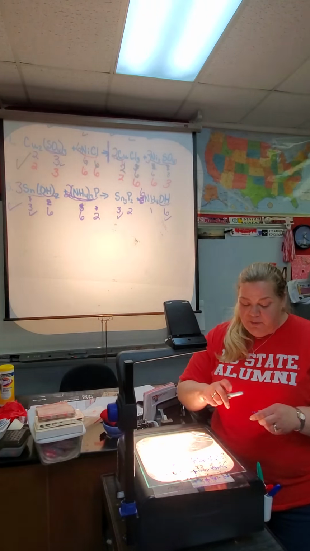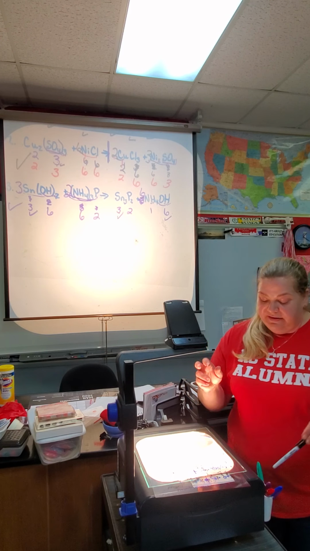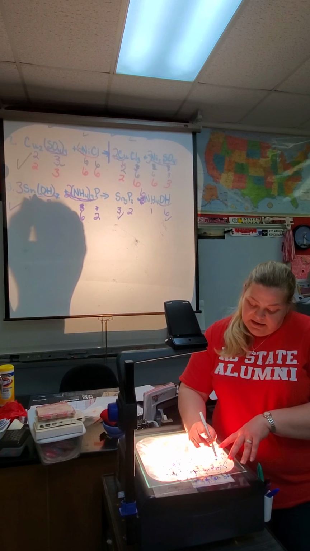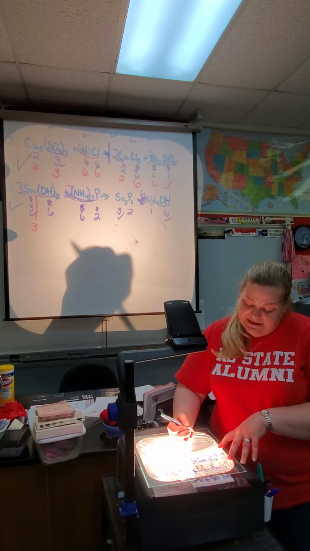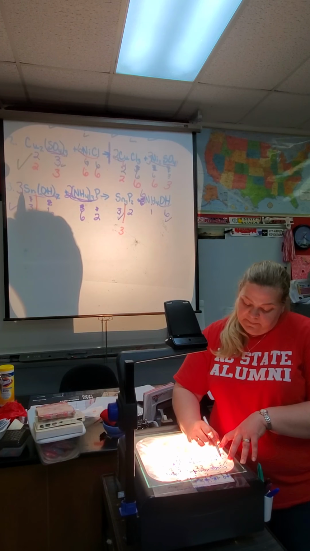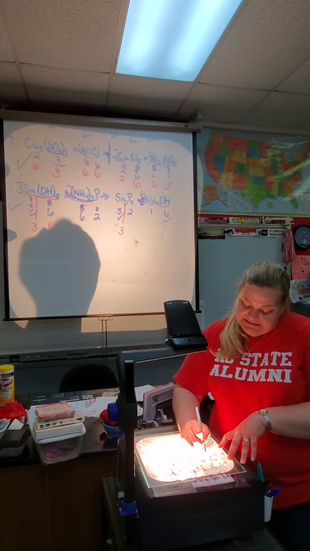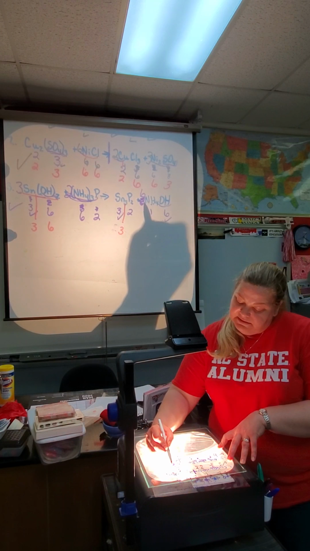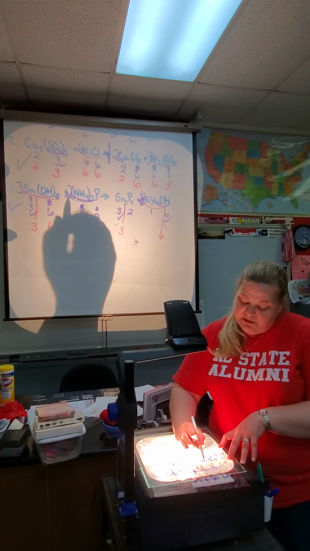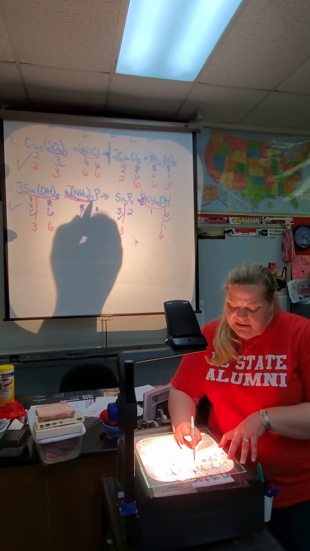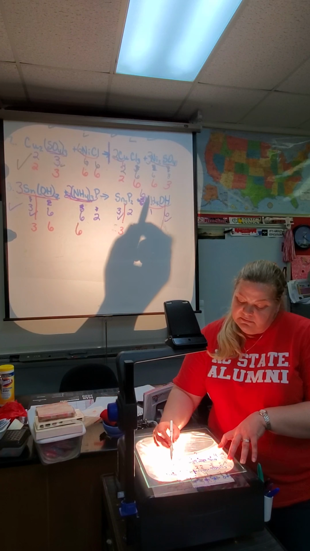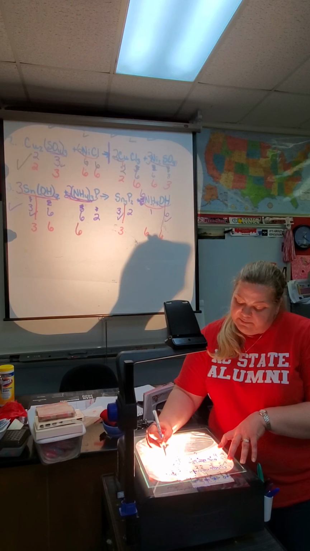But always go back and double check everything. I'll use a different color for counting again. I have 3 tins, 3 tins. 3 times 2 is 6 hydroxides. 6 hydroxides. 2 times 3 gives you 6 ammoniums. 6 ammoniums.